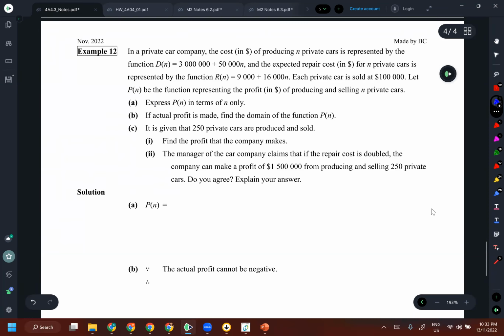I think we can. We will use the $100,000 to get the selling price of n private cars. 100,000 n minus the costs. The first cost being D of n, 3 million plus 50,000 n.